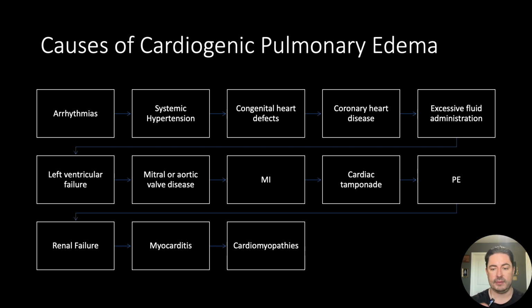We can have left ventricular failure, which we just finished talking about. Mitral or aortic valve disease, MI, cardiac tamponade, PE, renal failure, myocarditis, which is the inflammation of the myocardium. Remember the three different layers of the muscle in the heart. And then cardiomyopathies. These are diseases of the heart muscle impacting the structure or the function. Specifically with these cardiomyopathies, what we're looking at are viral infections.